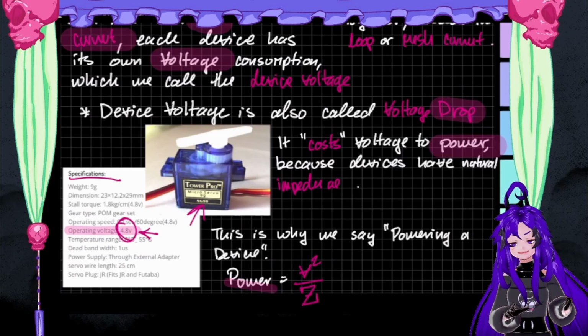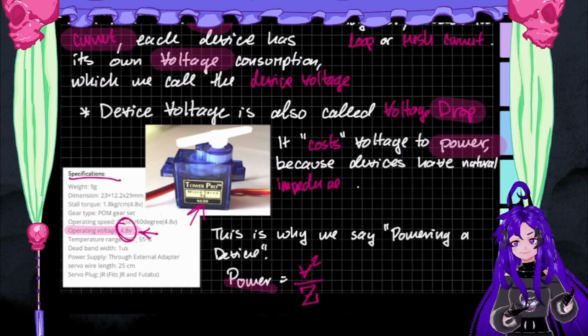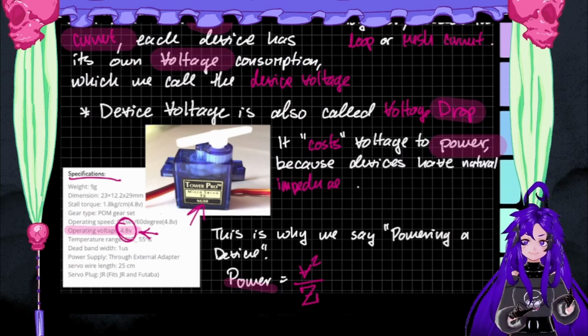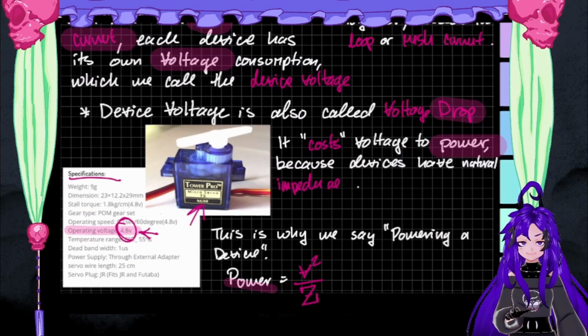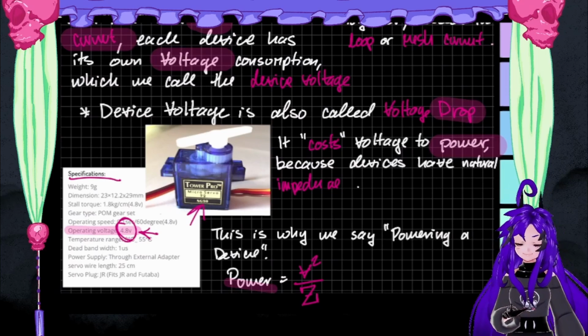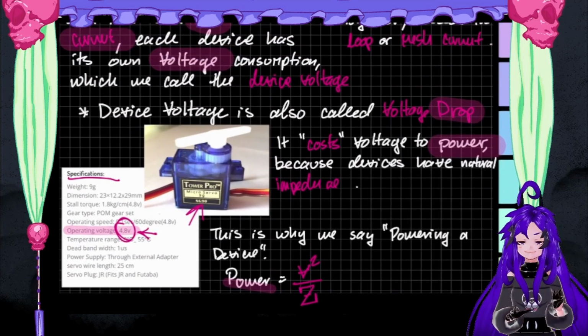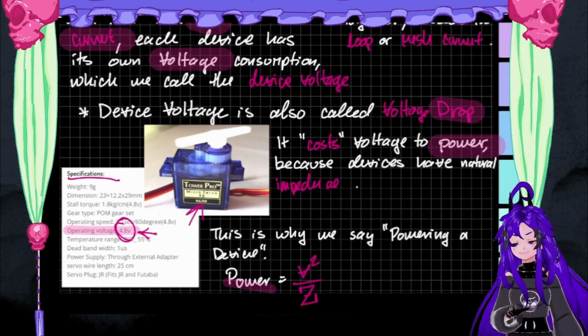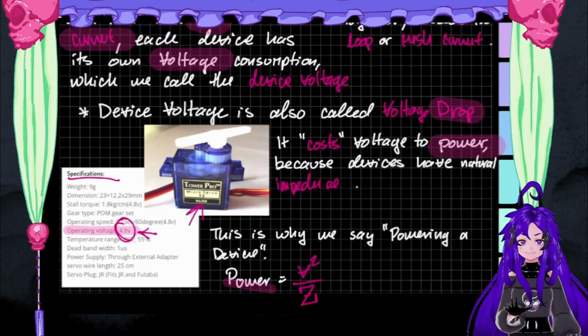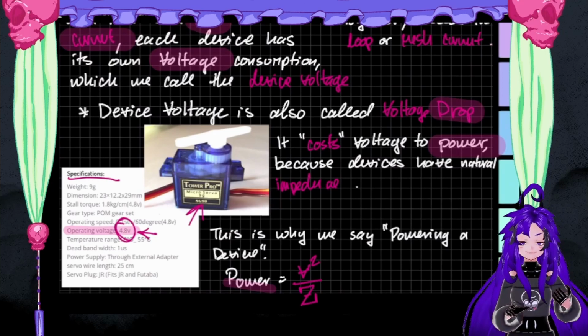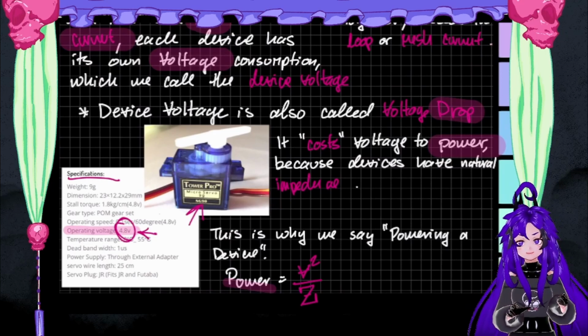Unfortunately, I cannot find a spec sheet that admits how much impedance it causes, but that is essentially where the phrase powering something on comes from, or at least it's certainly how we use it. All right.